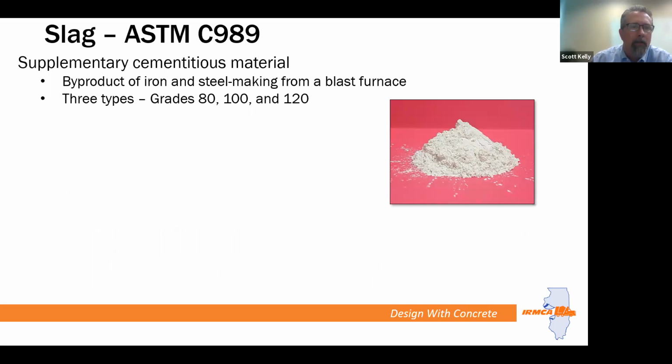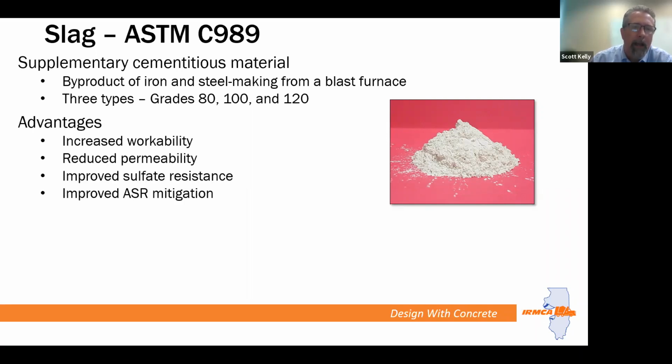Slag, often called slag cement, or ground granulated blast furnace slag, is another supplementary cementitious material. It's a byproduct of the iron and steel making industry from blast furnace operations. Typically there are three grades: 80, 100, and 120. Again, the advantages: it typically increases workability, reduces permeability, and improves sulfate resistance and ASR mitigation.